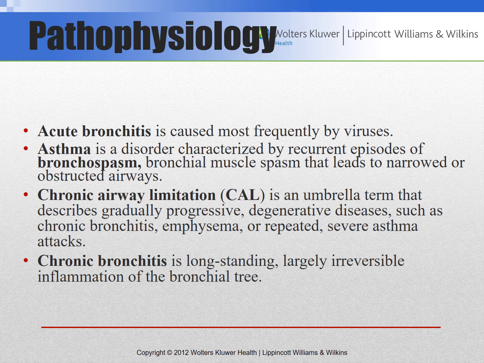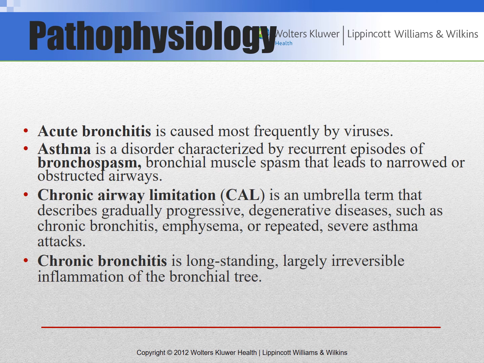There's also CORD, chronic obstructive respiratory disease, COAD, chronic obstructive airway disease, or COLD, chronic obstructive lung disease. All of that could be termed chronic airway limitation. It's just a matter of wording. For the purposes of this class, I'll refer to it as either CAL or COPD.